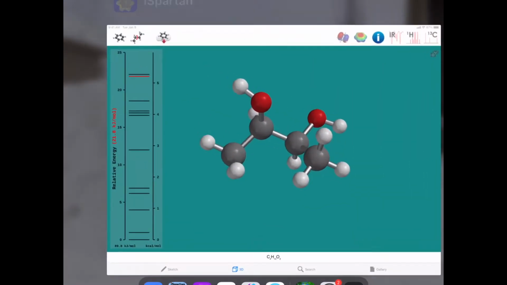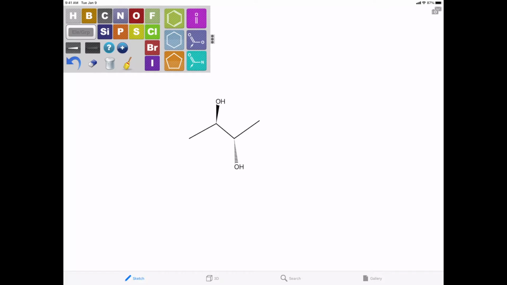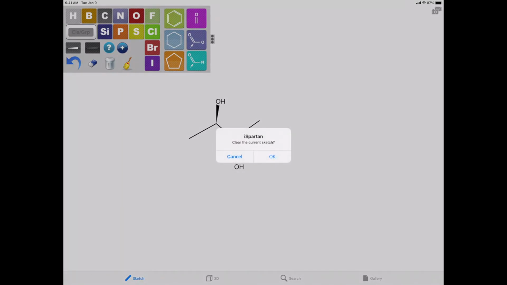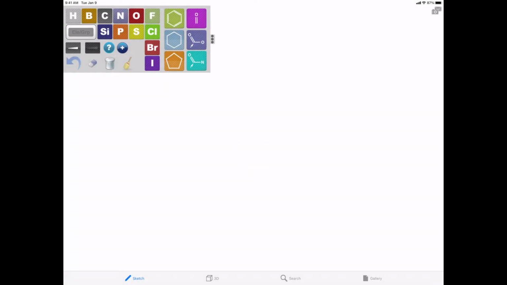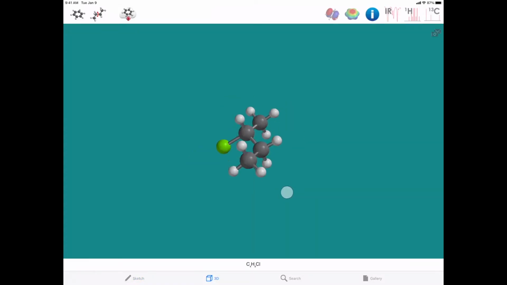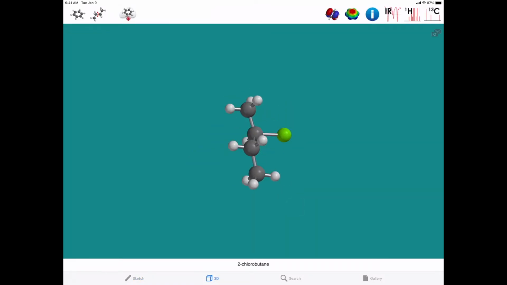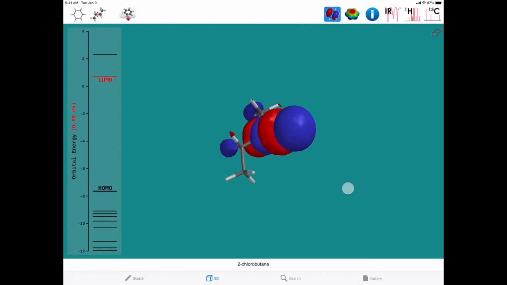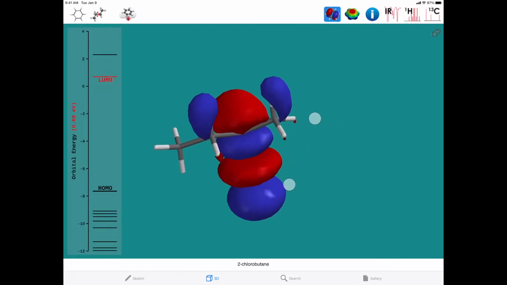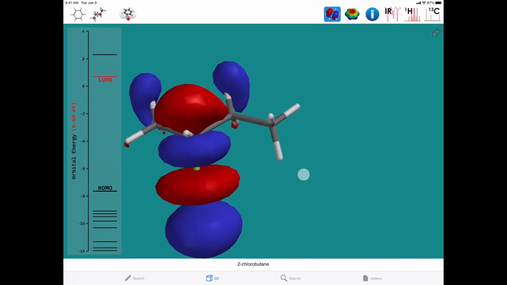And let's see, I guess we can go to the Spartan app. I'm going to see if we can draw. Don't know that it'll have the iodide. It might have the chloride. Oh, good. The LUMO is the carbon-chlorine sigma star.